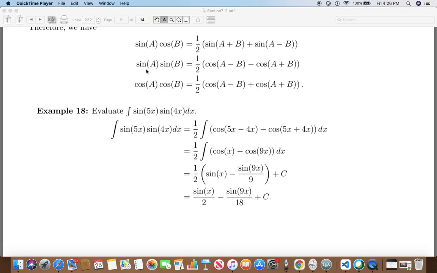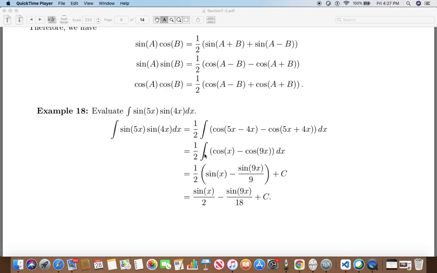Sine sine is the middle one. So half of first minus second, minus cosine of first plus second. So half of that. Okay, so that gets me the integral of cosine of x minus cosine of 9x.